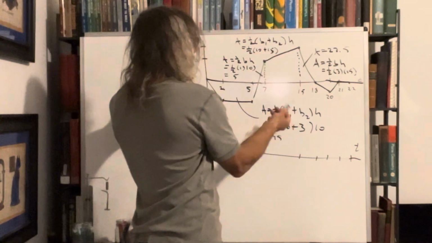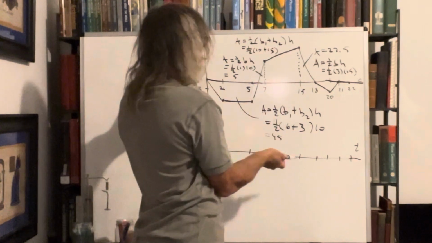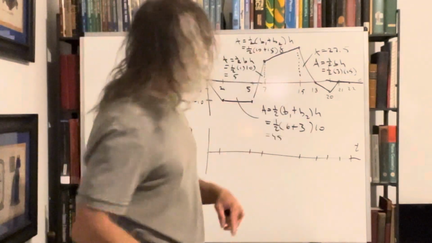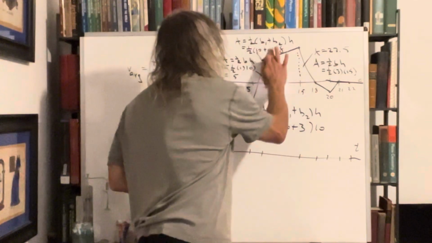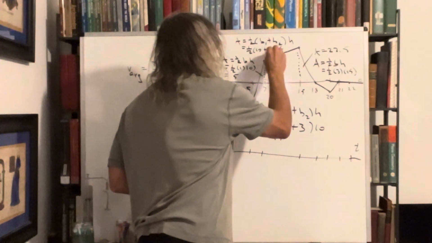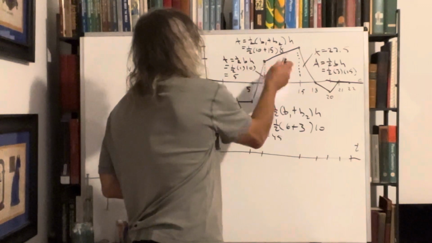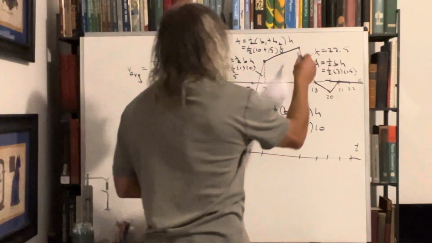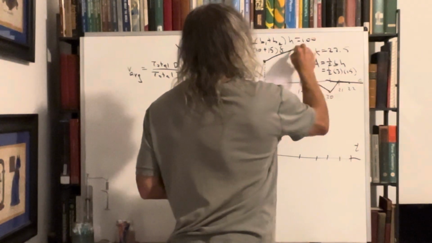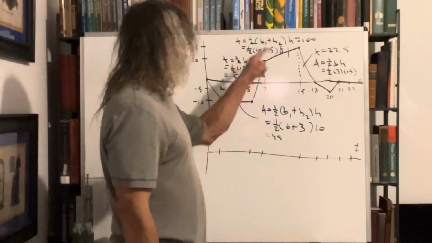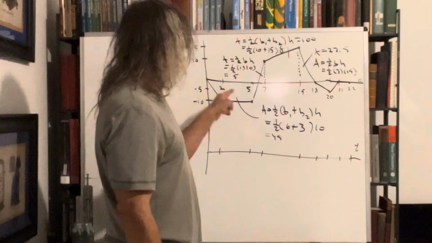And then the height is the distance between the parallel bases, which is 8. Half of 8 is 4. 25 times 4 is 100. So we got 5, 22.5, 100, and then negative 45.